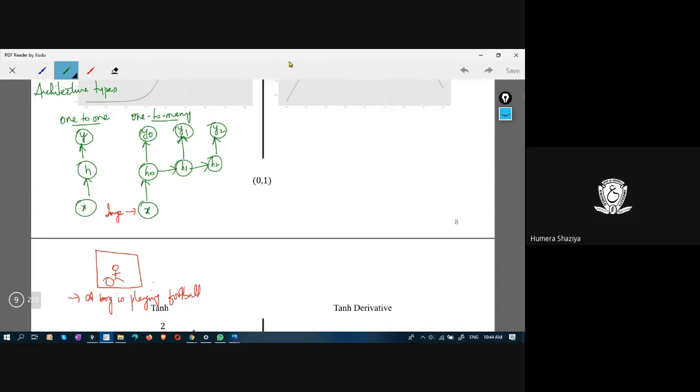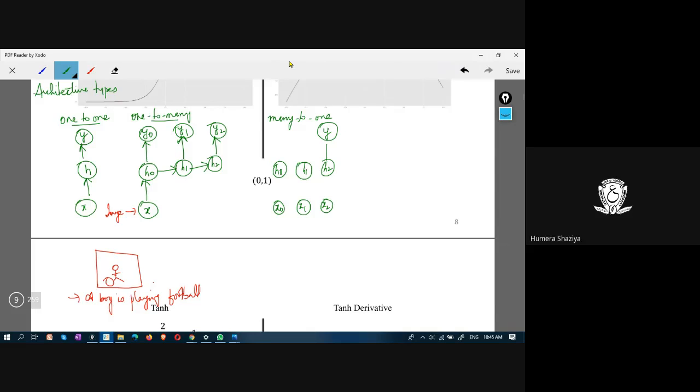And then you have another type which is many to one. In many to one, at input side you have multiple inputs x0, x1, x2, and you have hidden units h0, h1, h2, and you have only one output y.